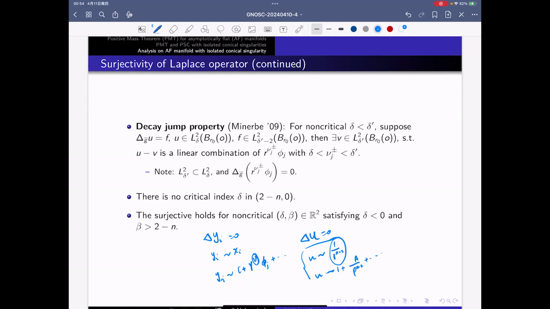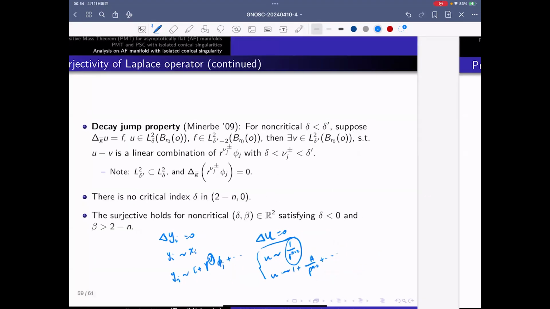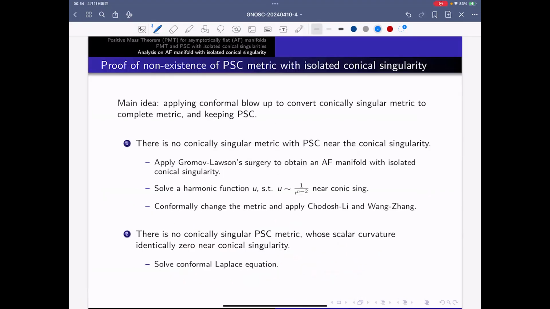For that, we need to solve the Dirac equation, so we can do something similar actually to this Laplace operator. Right? So now, let me say some words about the proof of non-existence of positive scalar curvature metric with oscillating conic singularity.